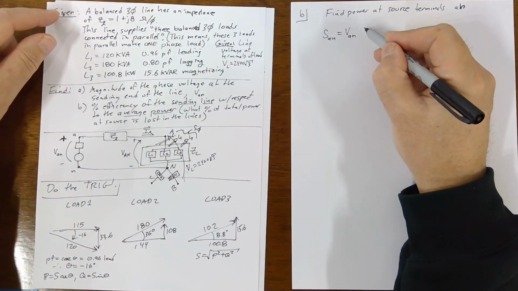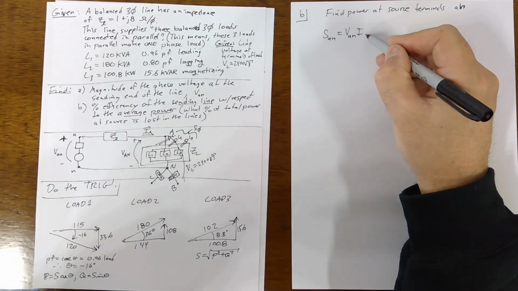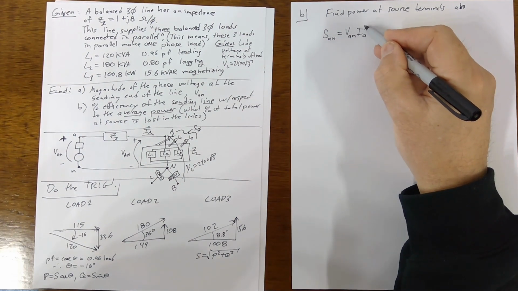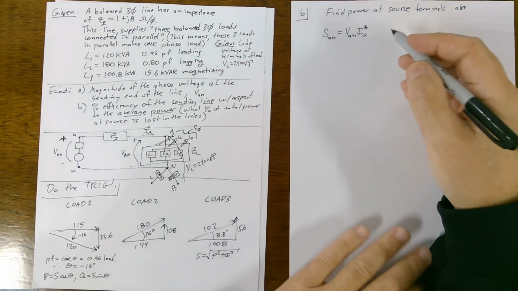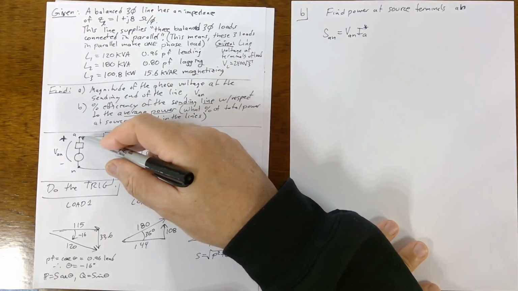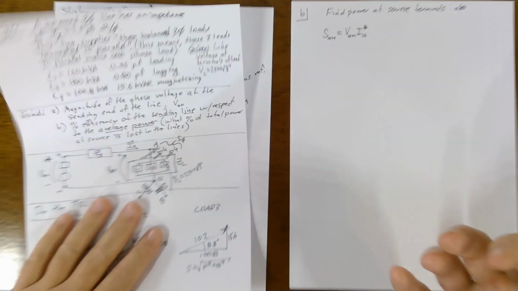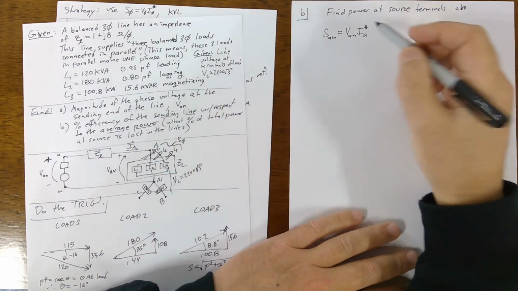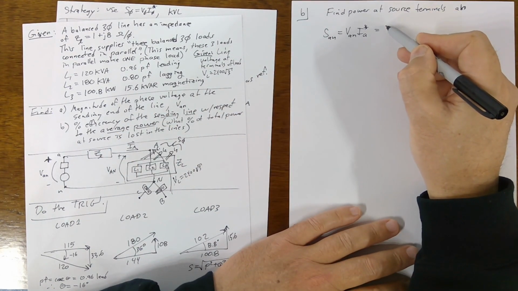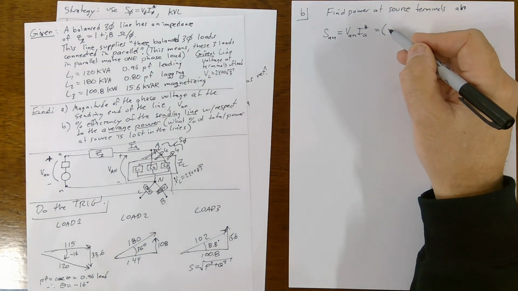It's VAN times IA phase conjugate. That's our power formula at the source. Do we have this value here?